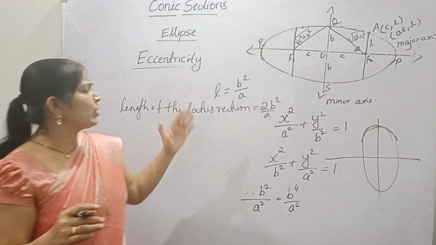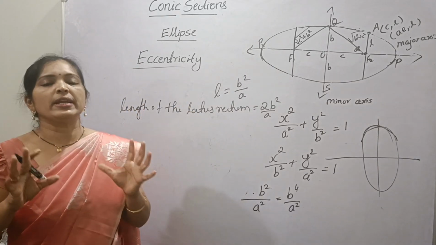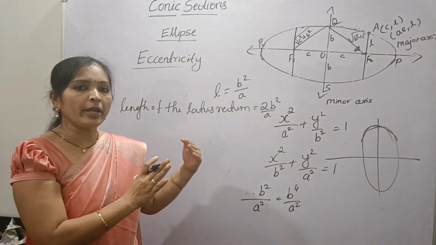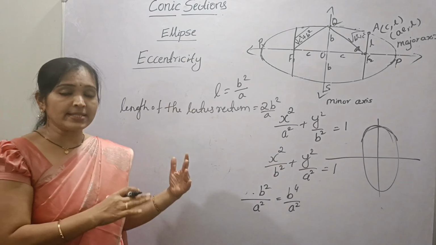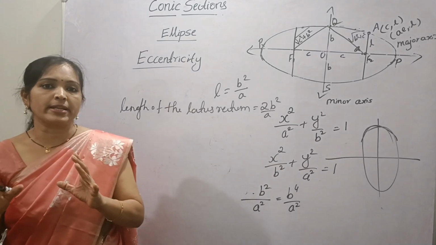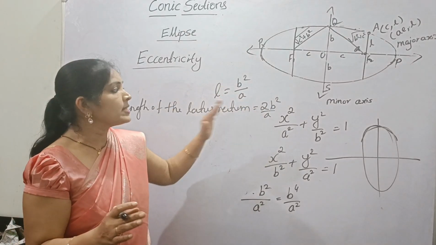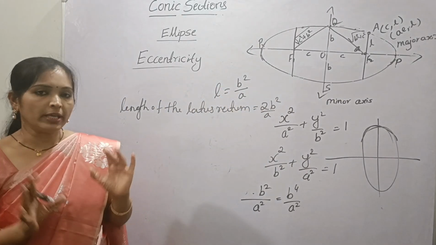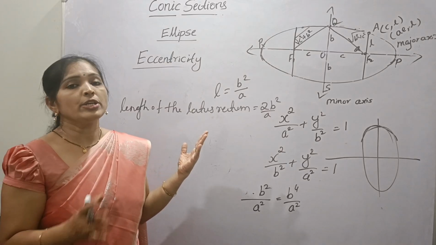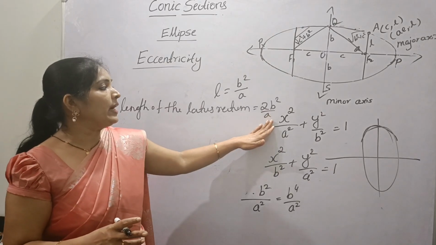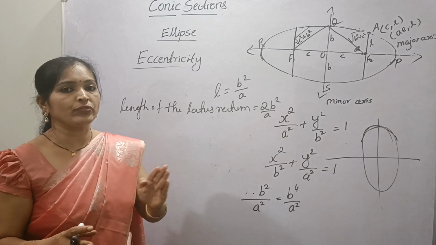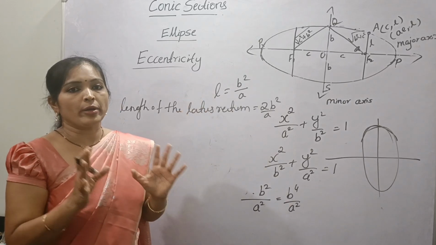Remember, there is no need to derive it each time, you just remember the length of the latus rectum of the ellipse is 2B square divided by A. The length for the parabola was 4A, right? So here the length of the latus rectum of the ellipse is 2B square by A.